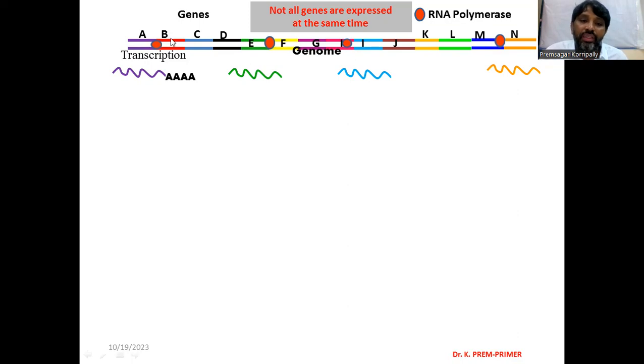Here, in this condition, the A gene is expressed, the E gene is expressed, the I gene is expressed, and the N gene is expressed. So this is RNA, right? These are the mRNA molecules.